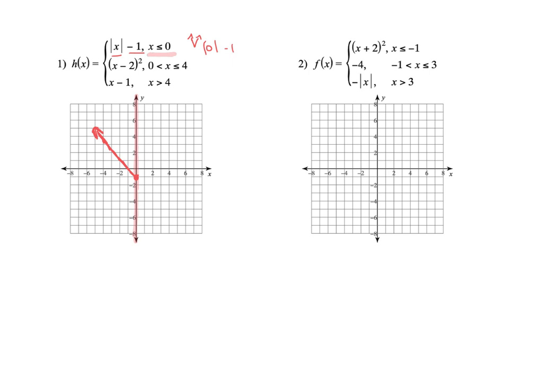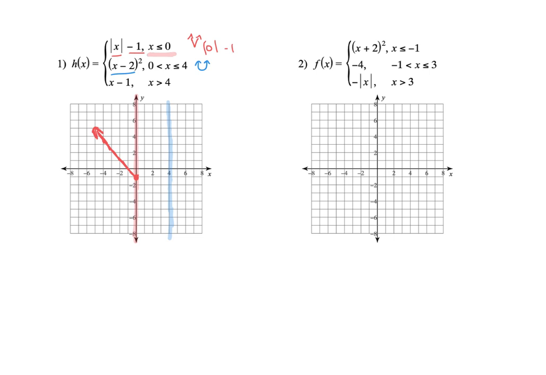This next piece goes from 0 up to 4. And so I'm at 0 and I'm going to sketch that vertical line at 4. And there's my next piece that I'm going to graph. Well, this one is also a familiar graph. This is a parabola. And you can always refer back to that parent function while we go through these.